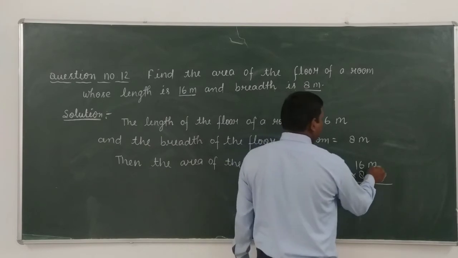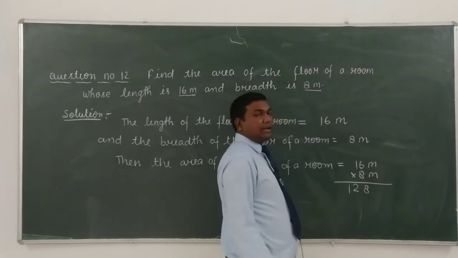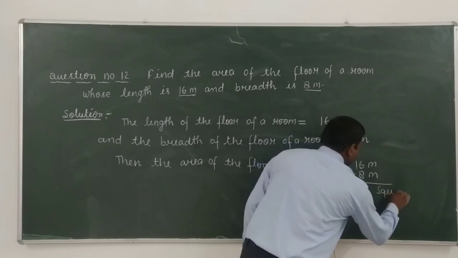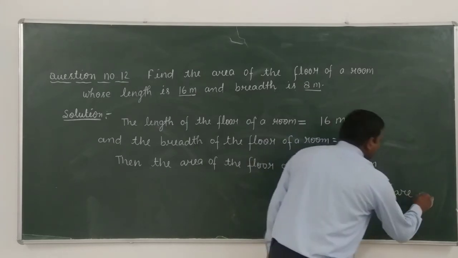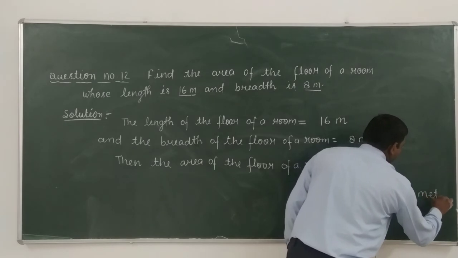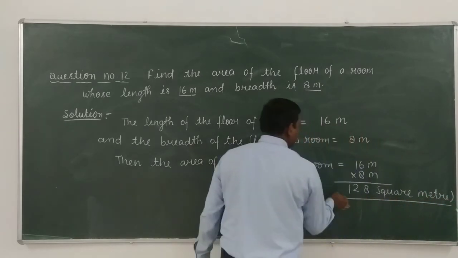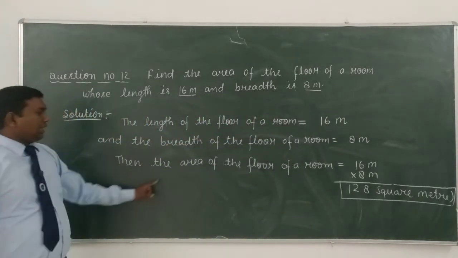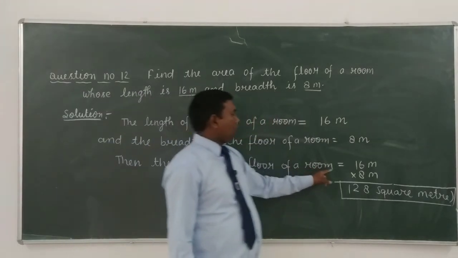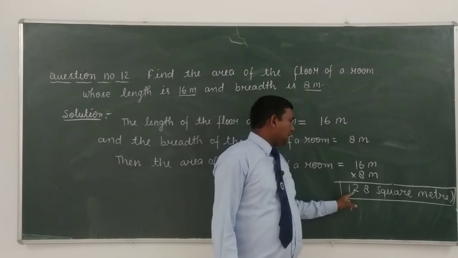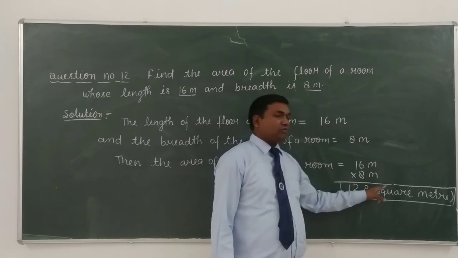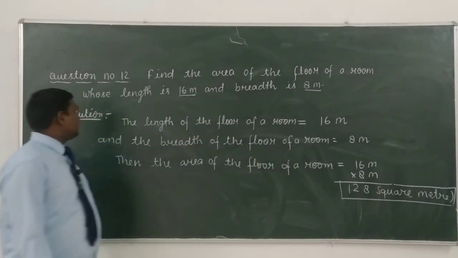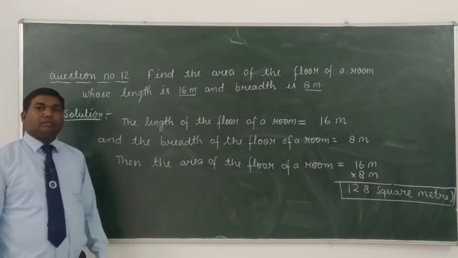Okay, and here meter into meter means meter square, and we can write square meter. Then the area of the floor of a room is equal to 128 square meter. Okay dear friends, please write in fair copy.